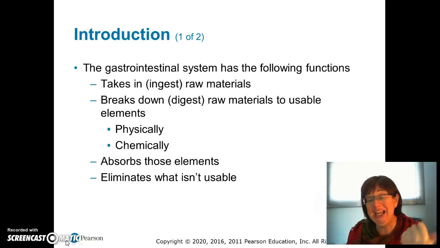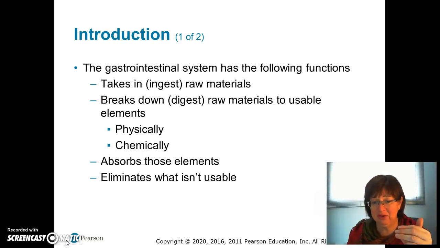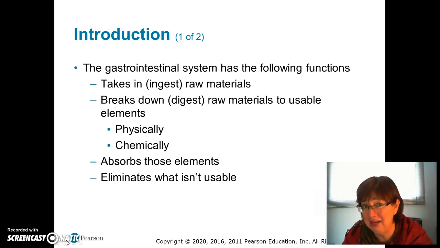You want to ingest, which is get the raw materials in. And then you digest, which is break them down. This can be done two ways: physically, where you take large chunks of product and break them down into smaller chunks of the same thing, and chemically, where you take large molecules and break them down into smaller molecules that will allow them to pass through the capillaries into the bloodstream.